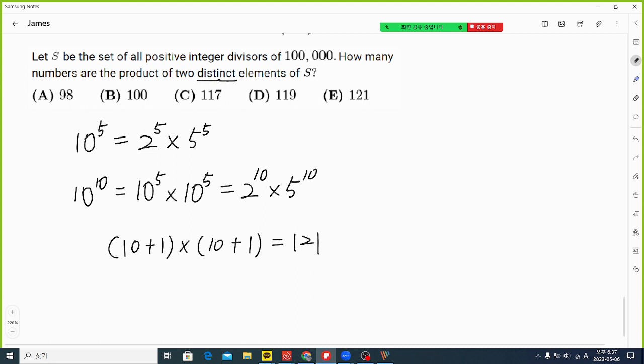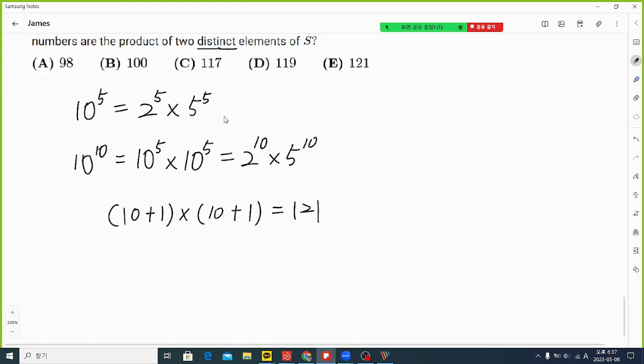And that means from these factors we should exclude 1 because 1 is made by 1 times 1, and these two are not distinct. Or 2 to the 10th power, which is made by multiplication of 2 to the 5th power twice, so they are not distinct.